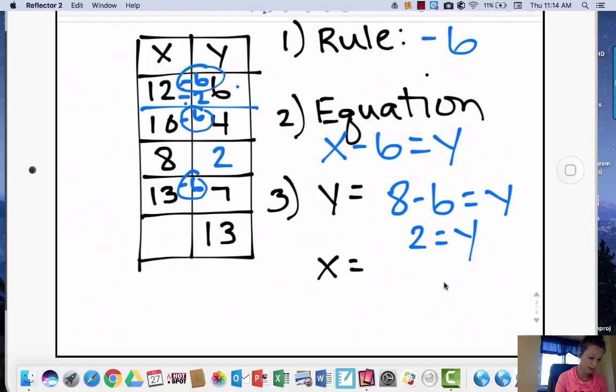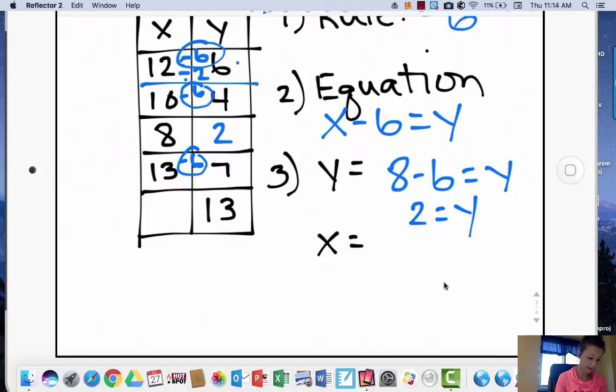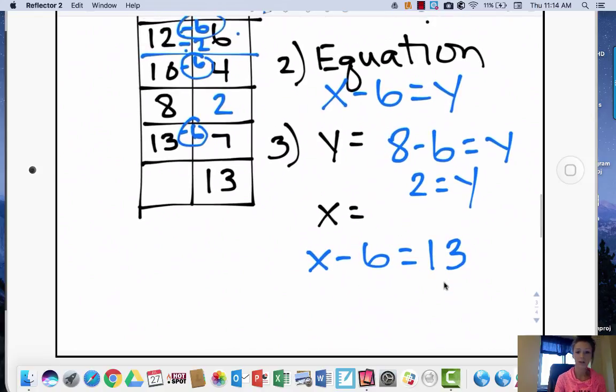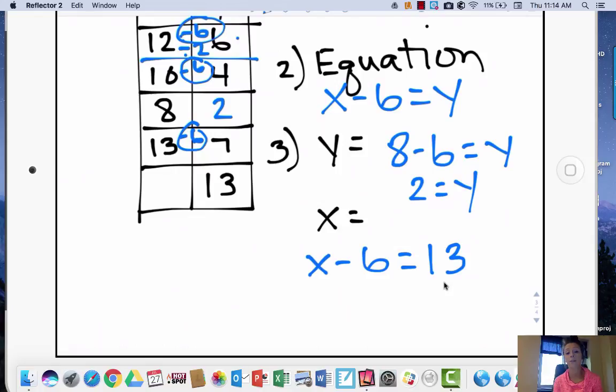And let's solve for x. I don't know what my x is. x minus 6 equals, my y equals 13. Now, to get x by itself, I need to use my inverse operation. The inverse, or the opposite, of subtracting 6 is adding 6.